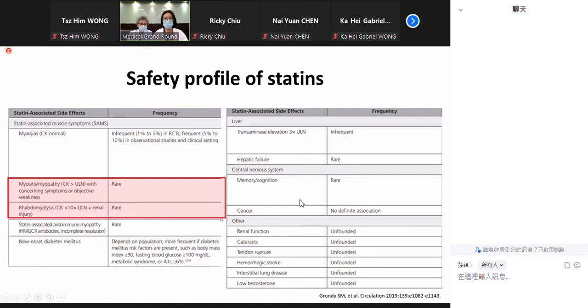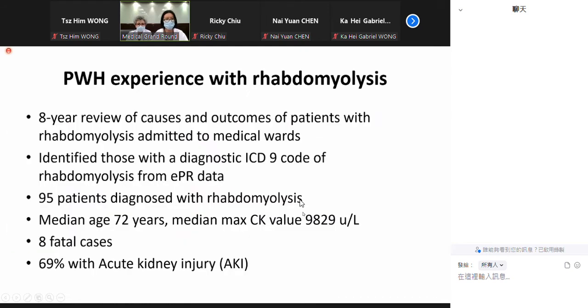Okay. Again, other potential side effects such as transaminase elevation, very high levels are actually relatively infrequent, and some of the other concerns such as hepatic failure are actually very, very rare. Okay. So this is concerning rhabdomyolysis.